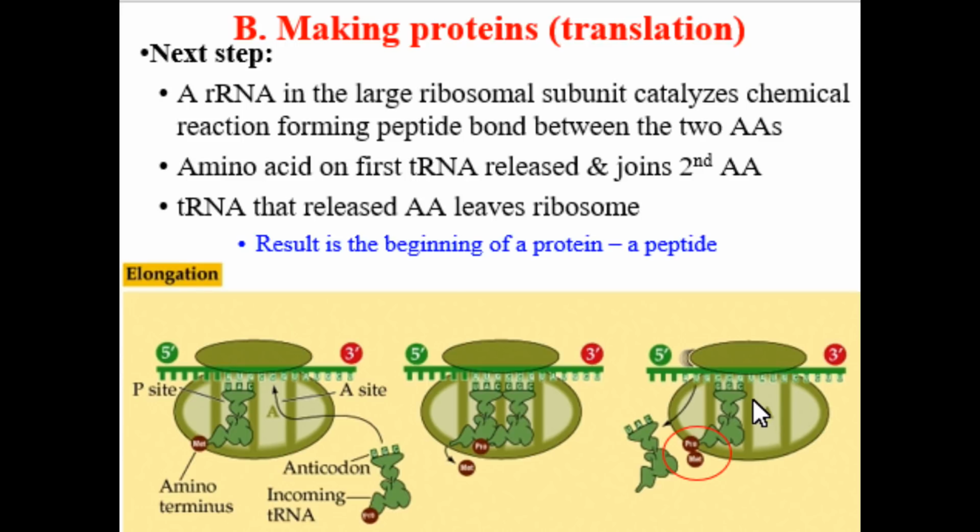Whatever that next sequence of 3 bases is, there's going to be a corresponding transfer RNA with a corresponding amino acid. Now this transfer RNA that brought in methionine, it's gone, it comes off. It can go into the cell. Well, it's in the cell. It can go and form another bond with another methionine molecule.